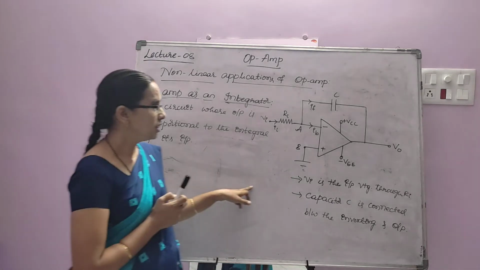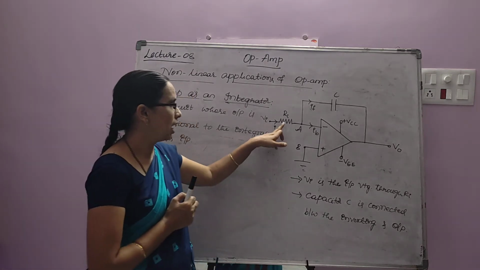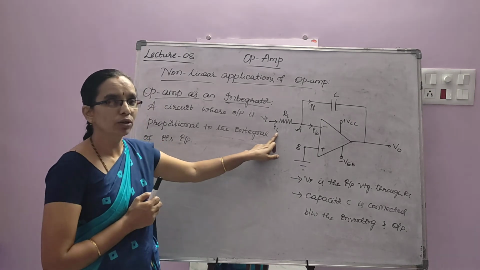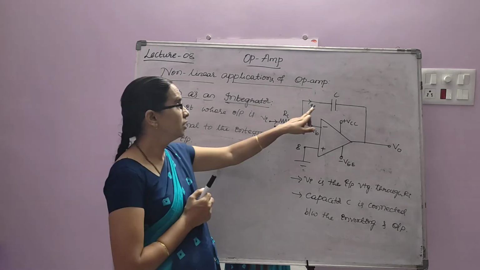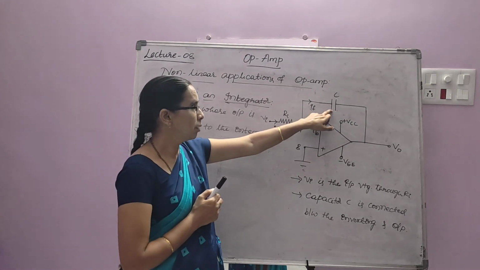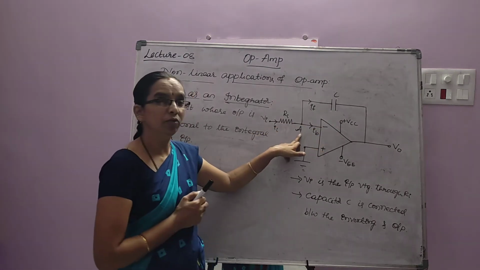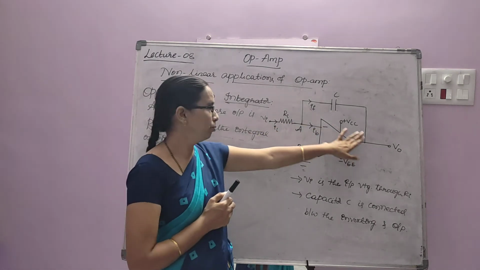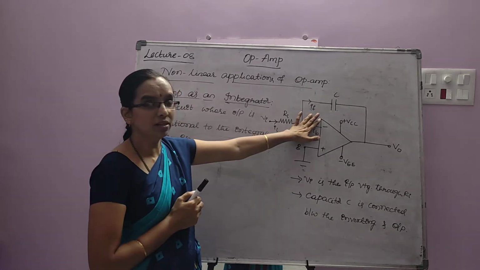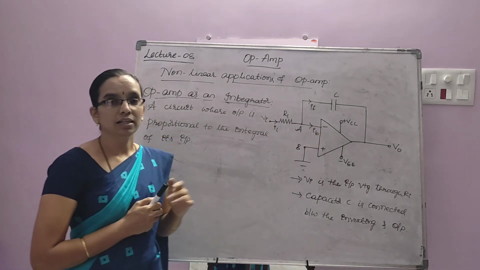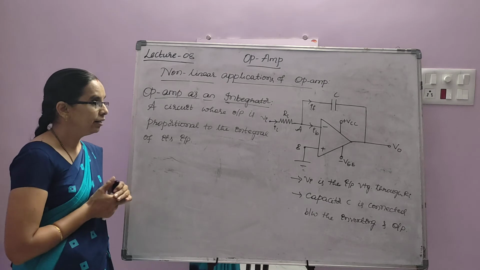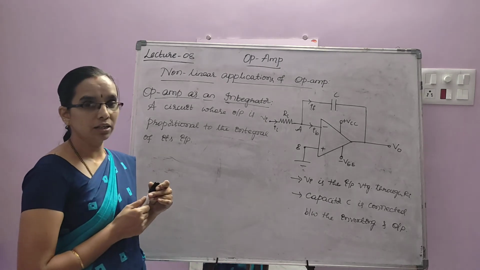So Vi is the input applied through the resistor Ri, and Ii is the current flowing through it, whereas C is the capacitor connected between the inverting terminal and the output, and IF is the current flowing through the capacitor.